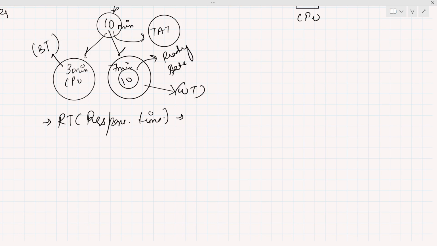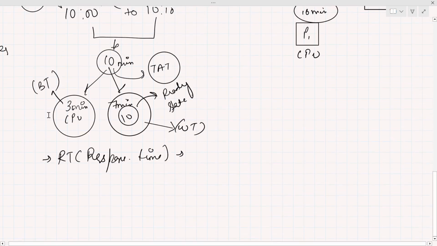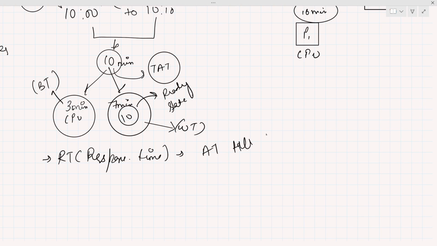Remember, burst time is different. Burst time is the time the process is executing in the CPU, while the CPU is working on a particular process. But response time is the time from arrival until the process first gets the CPU.